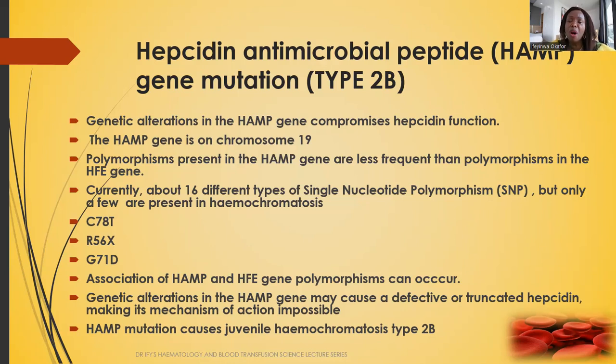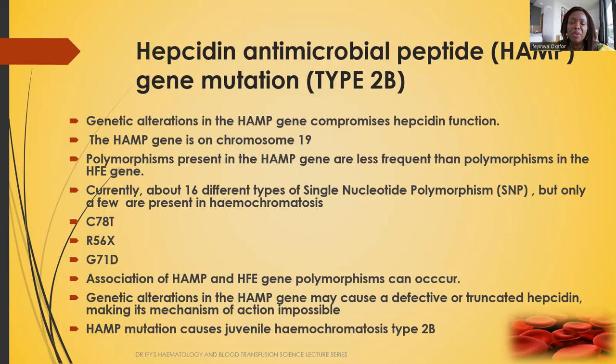We have the C780 mutation, R56X allele, G71D allele. Association of HAMP and HFE gene polymorphism can occur occasionally.